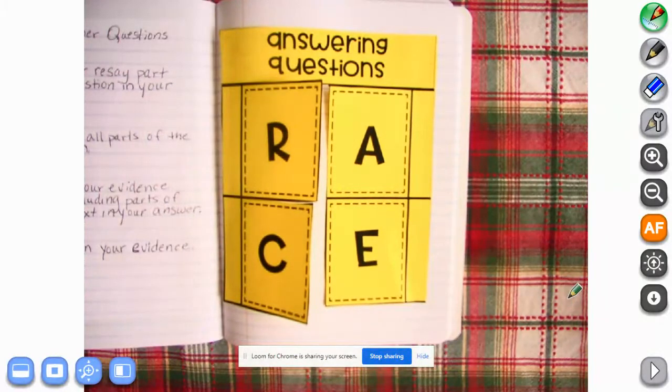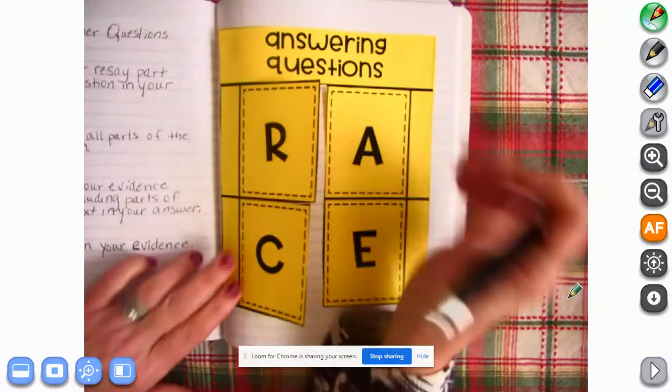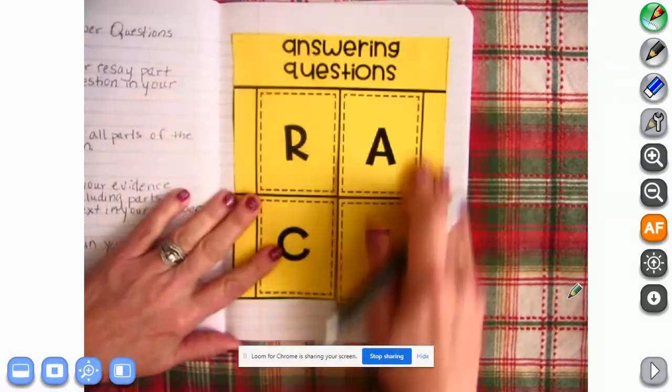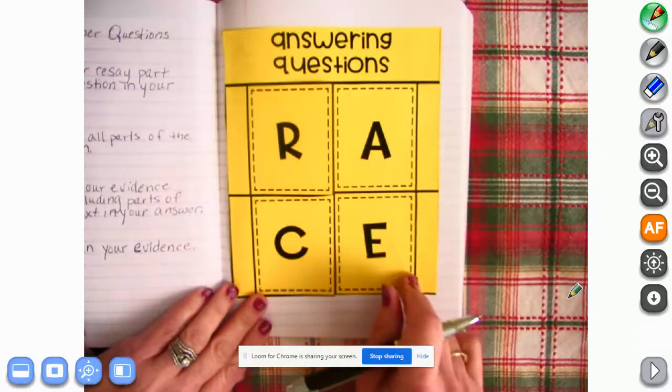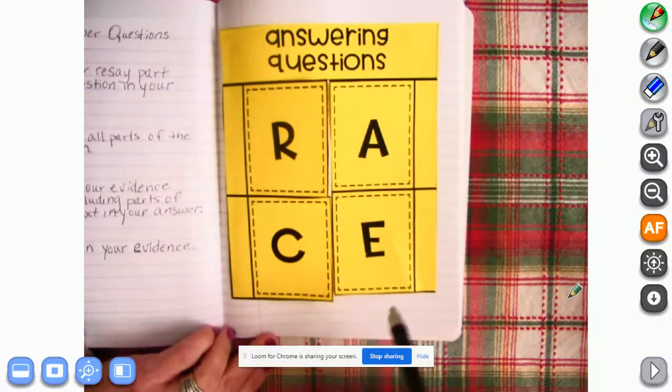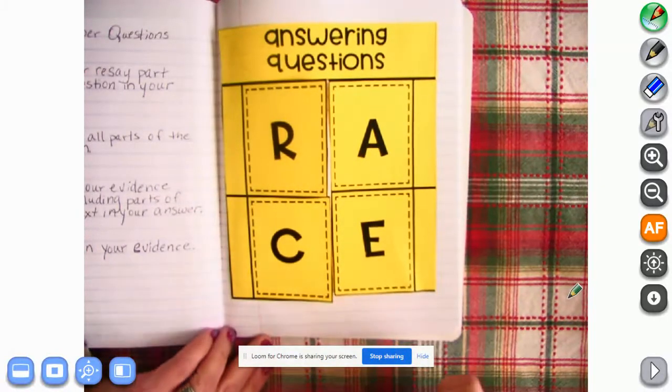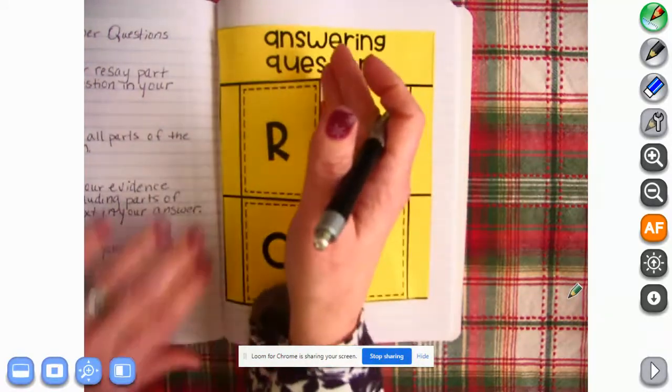If you need some more time, go ahead and push pause. All right, so this is just going to remind us what RACE stands for in answering and asking questions. It's one of our strategies. All right, so let's start under R.